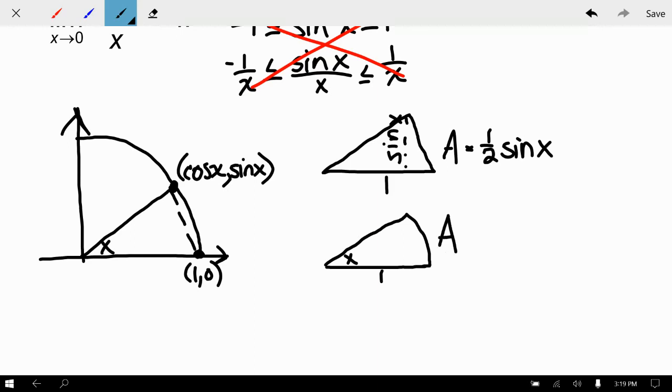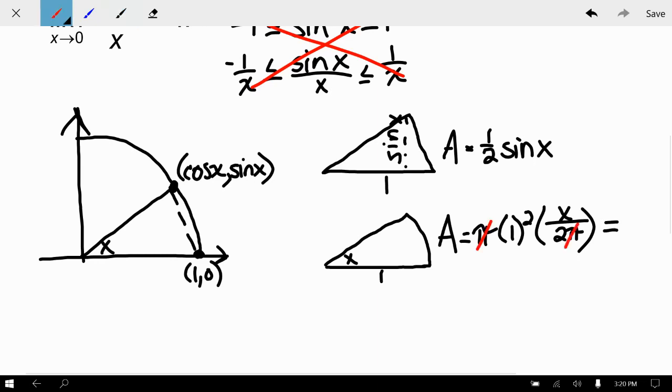So my area here would be pi r squared, so pi times 1 squared. And then the percentage of the circle, well, I know I have x radians carved out of the 2 pi radians that were there. If you see the pi's here are going to cancel out, and in the end I'm going to get x over 2.